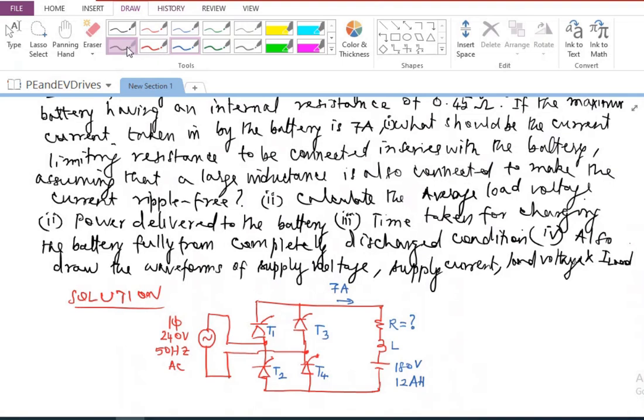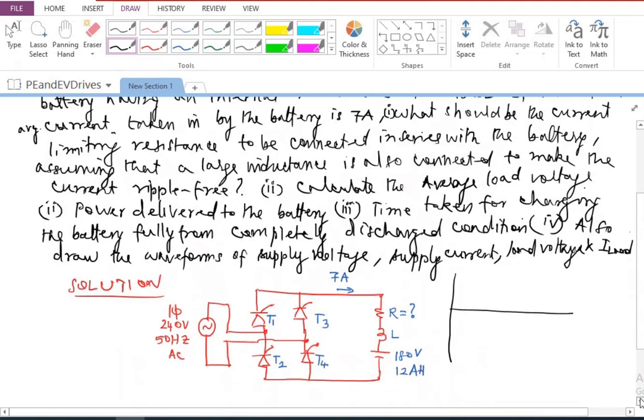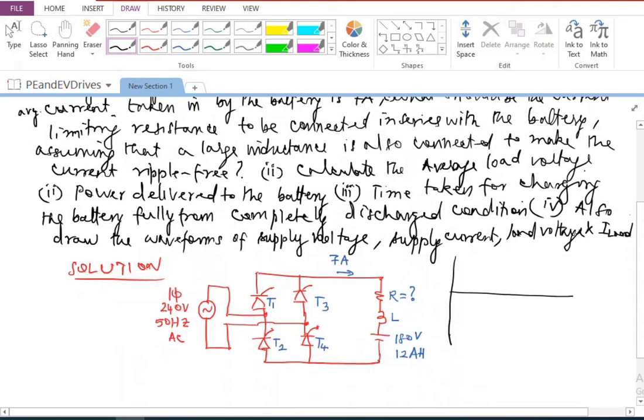So I should also write maximum average current. We don't want to look at instantaneous current. Maximum average current taken in by the battery is 7 amperes. So let me first of all draw the waveform so that, whatever is asked in subdivision 4, let us first of all fulfill that.